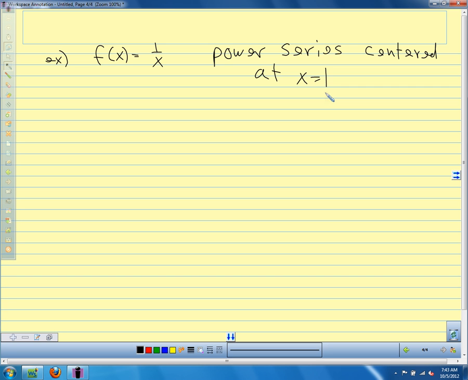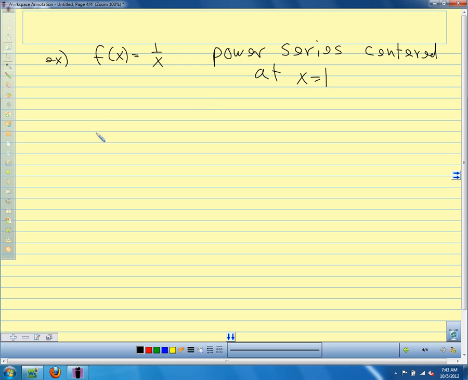So we want to represent this as a power series centered at x equals 1. The reason we're working with 1 over x is that our goal for this particular function is to get some kind of representation for the natural log of x. And 1 over x and natural log of x are related.